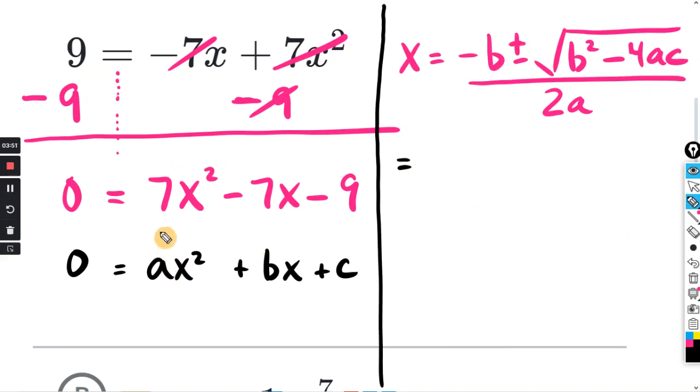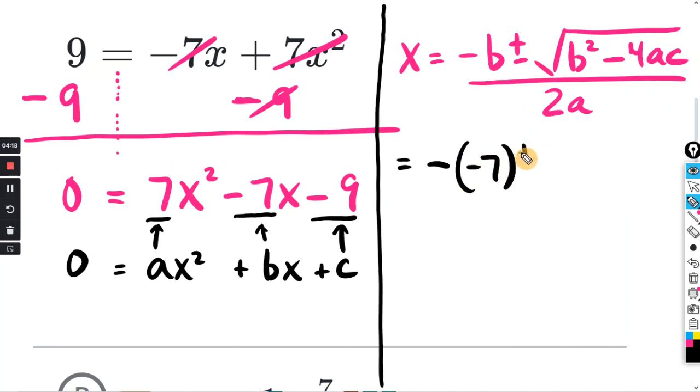If you look at the coefficients, a is going to be positive 7, b is going to be negative 7, and c is going to be negative 9. Make sure you watch the plus and minus signs. So start with negative b. Start with a negative, and then b is negative 7. Use parentheses.